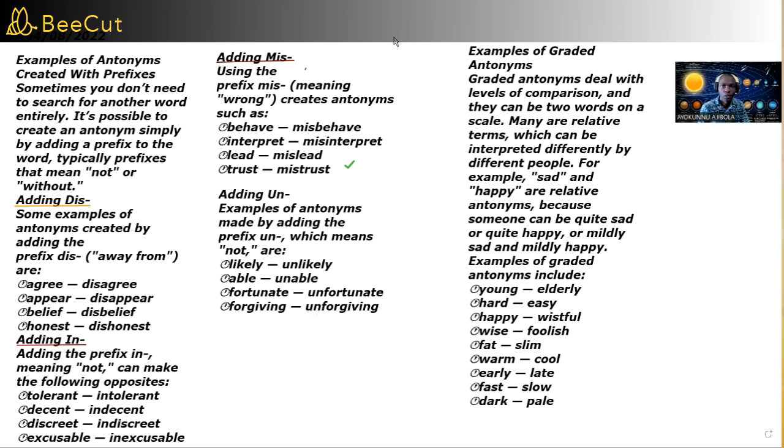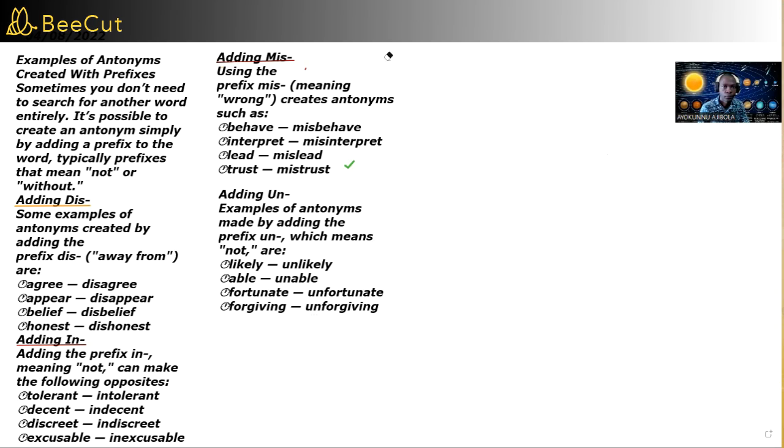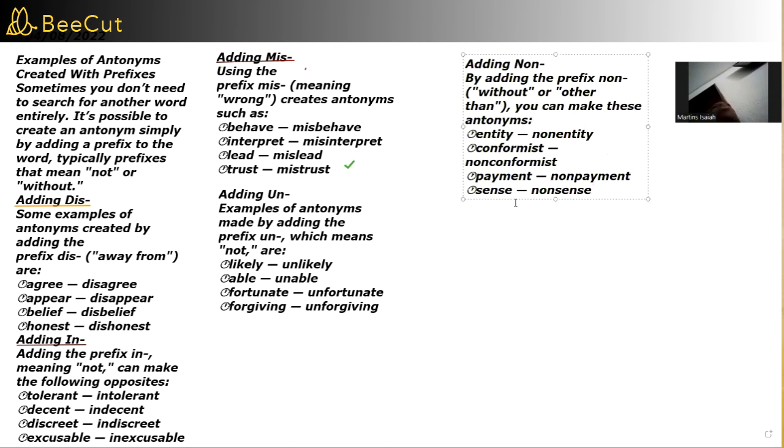I want to print this page so I can put the final one there. Adding non.